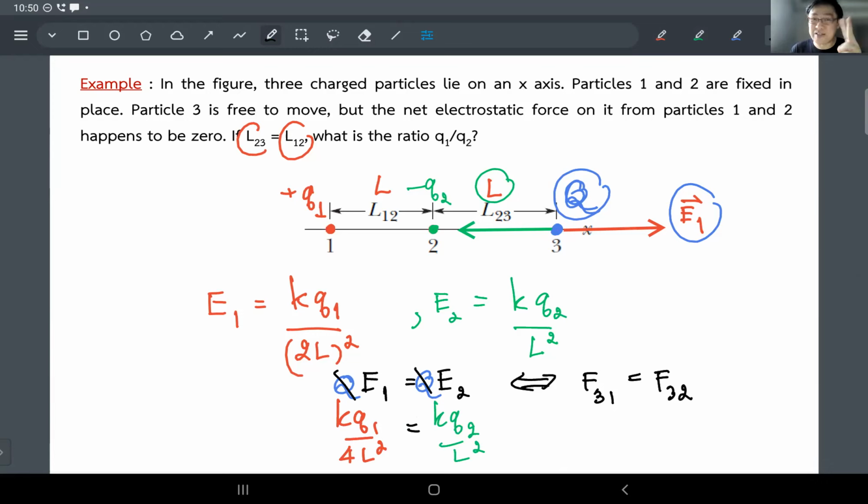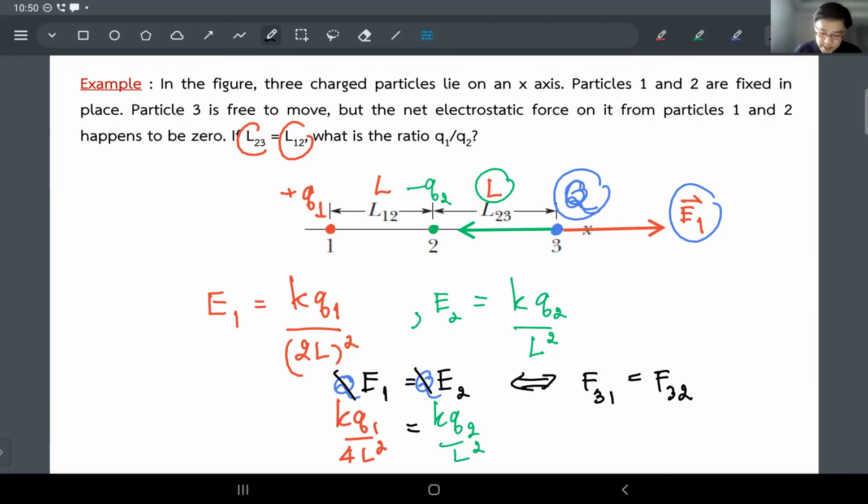And you always have to ask, hey, where is the other charge? Where is the other charge all the time? But if you talk about the field, it's like a single charge generating the field. So you're just looking at each charge one at a time and just keep going and calculate the field, and you're done. And at the end, if you want the force, just slap in the charge there, multiply by the field at that location, you're done with the force.